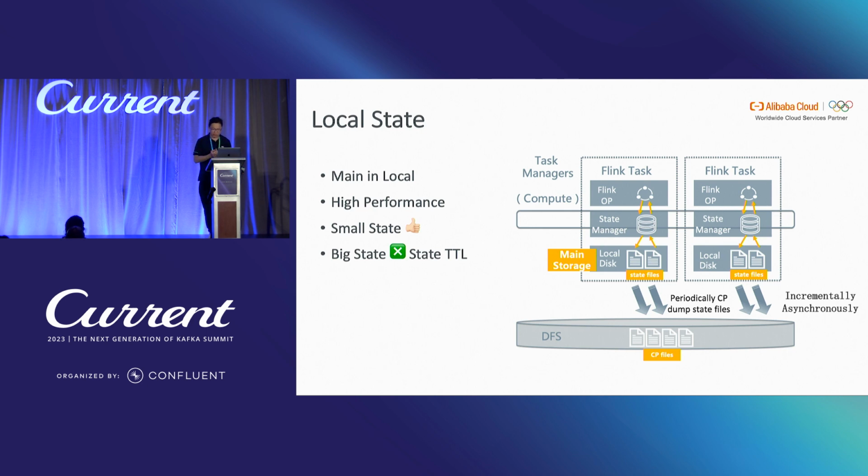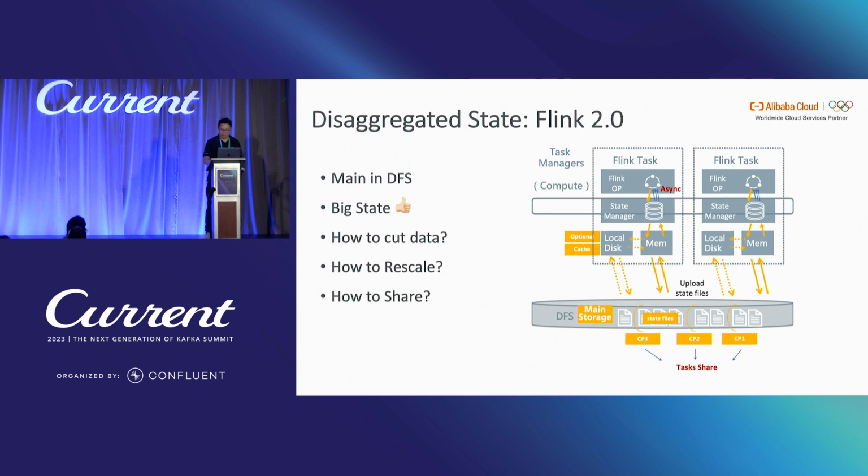And next, I will discuss this disaggregated state. This may be ready in Flink 2.0. In Flink 2.0, the community plans to improve the state architecture. Of course, for this disaggregated state, maybe you can use Rockset or RocksDB-Cloud.